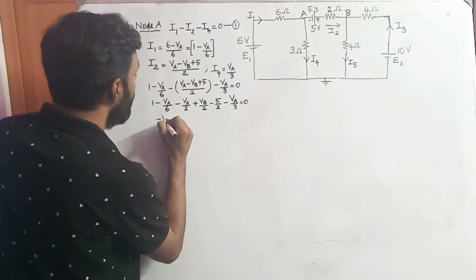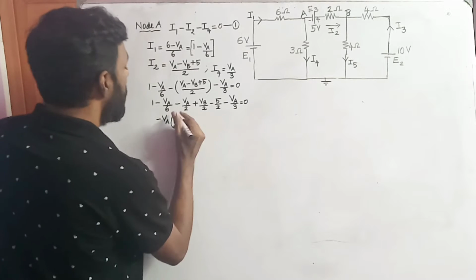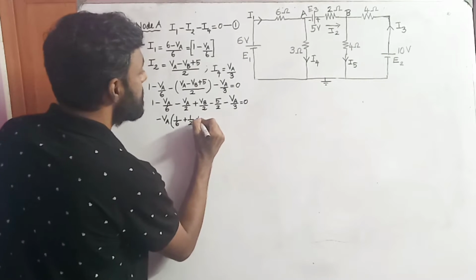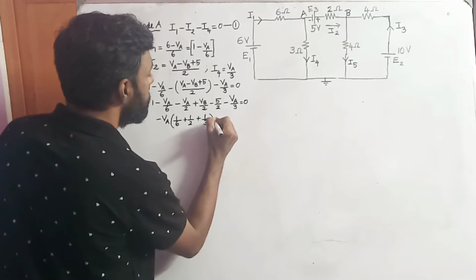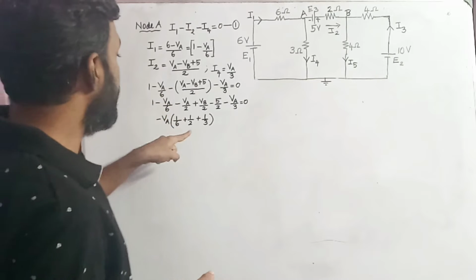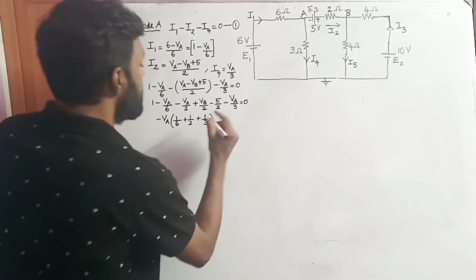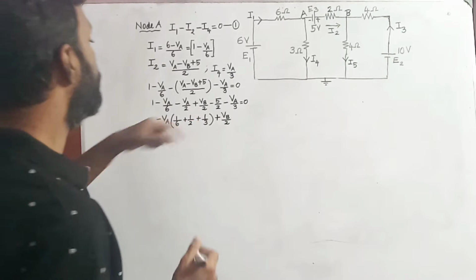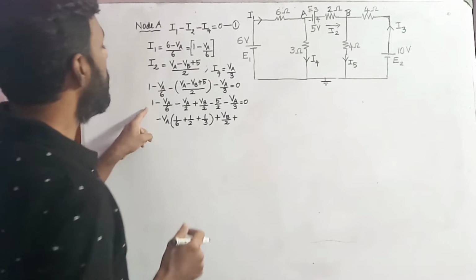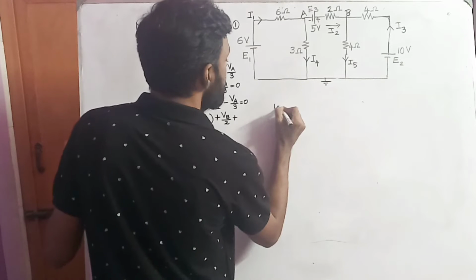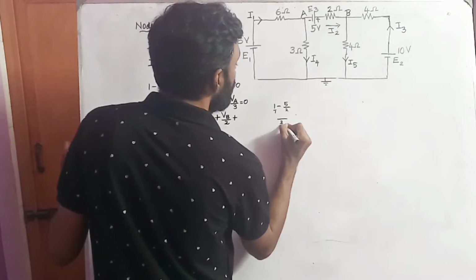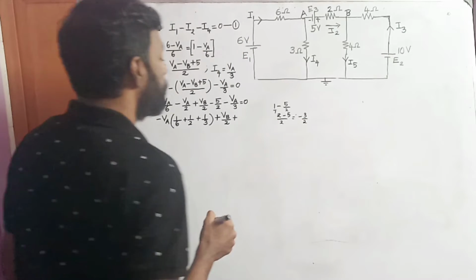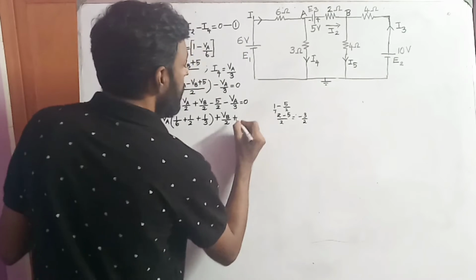So I'm taking minus VA outside the bracket and putting 1 divided by 6 plus 1 divided by 2 plus 1 divided by 3, plus VB divided by 2, plus what is 1 minus 5 by 2? 1 minus 5 divided by 2 will be 2 minus 5, which is minus 3 divided by 2.